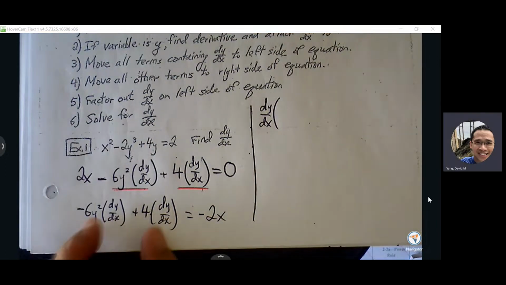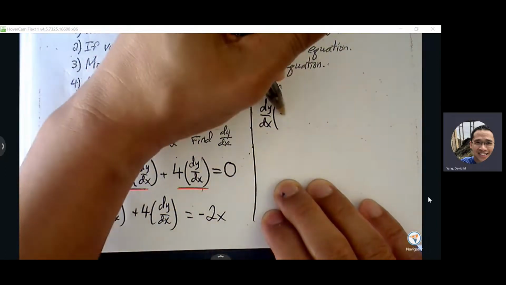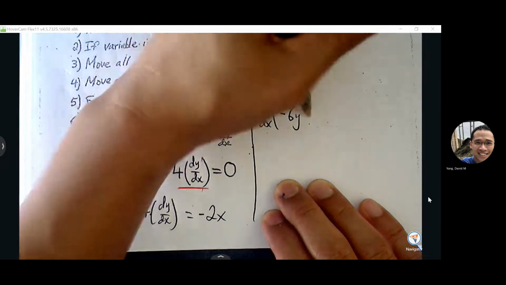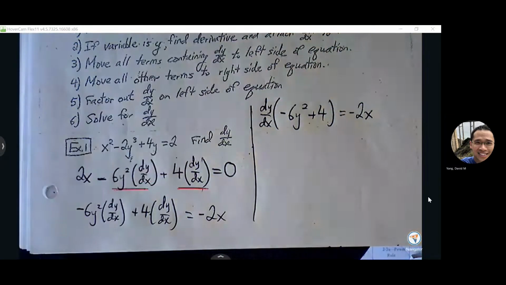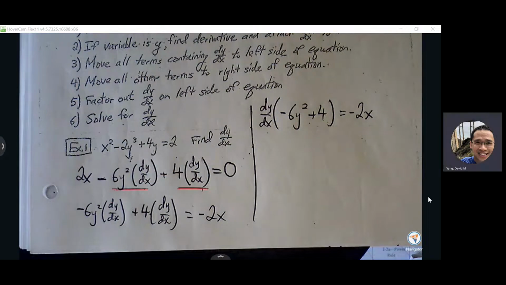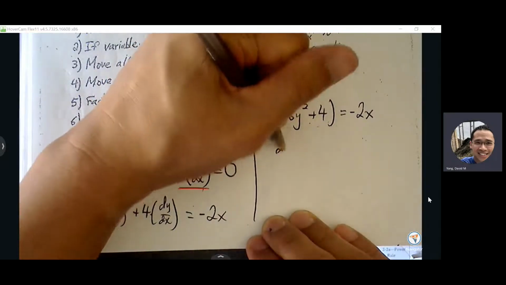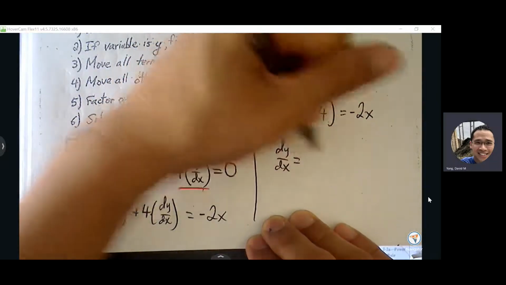So if I factor out dy dx, whatever is left, I'm going to leave inside the parentheses. Okay, final step. Divide by the parentheses, right? Or whatever's inside of it.